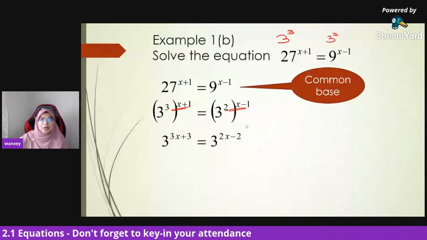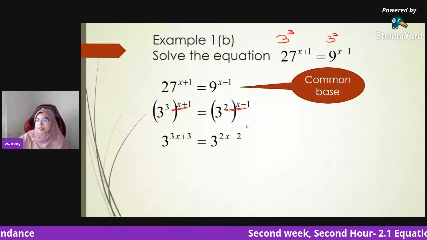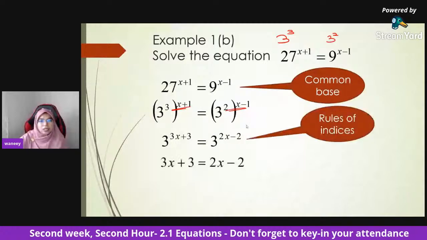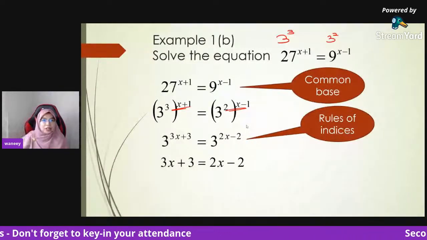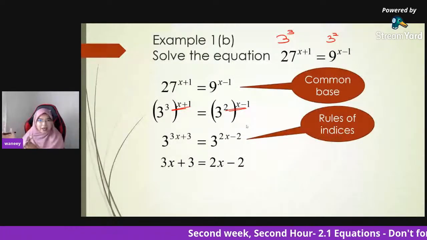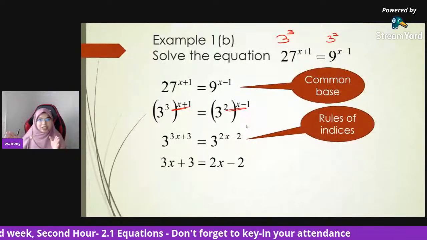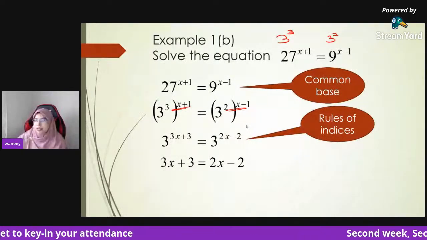Okay, so now we have a common base for both of them. That means we can easily compare the index, or the power. What you see is that 3x plus 3 should be equal to 2x minus 2. In order to solve them, take all the x to the left hand side, and all the numbers, bring it to the right hand side. So semua yang x sebelah kiri, everything with numbers, go to the right hand side.